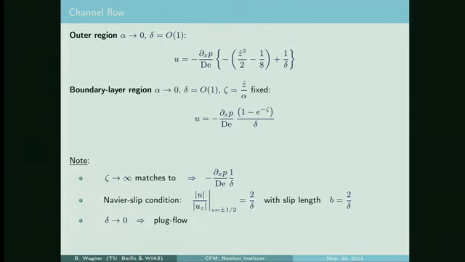Take the limit alpha goes to 0, you get this one. Of course, when zeta, the new boundary layer coordinate, goes to infinity and z goes to 0, they of course match. And you get a new condition here. That's the condition at the new interface of the outer flow. So that's an approximation of the channel flow, if you like.